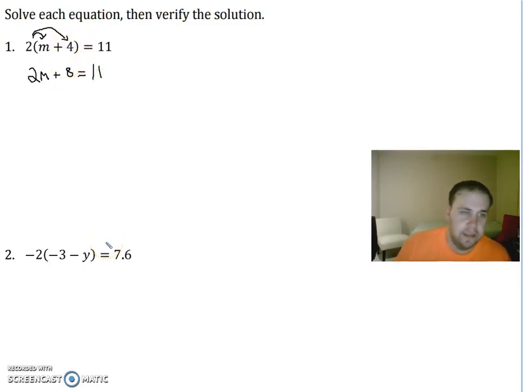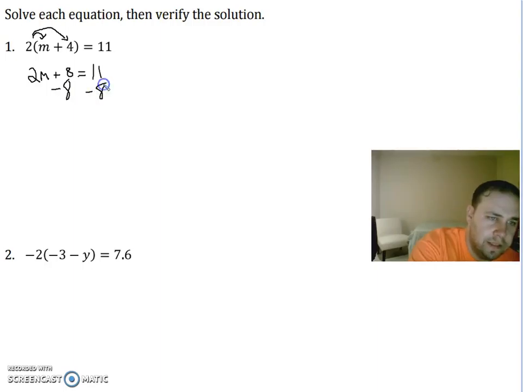And now we can go ahead and solve this. So keep in mind, I'm doing like reverse BEDMAS here. So I would take care of this positive 8. So I would say subtract 8 from each side. So that means my 8s are taken care of.